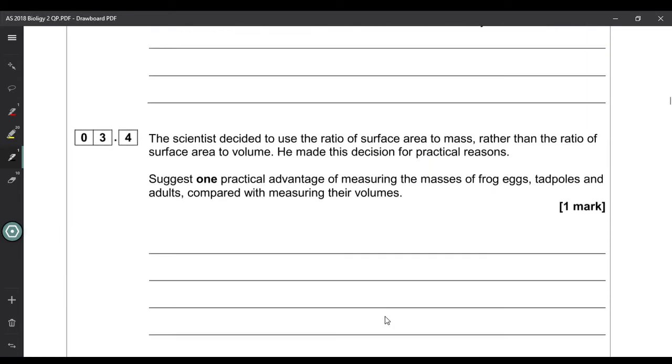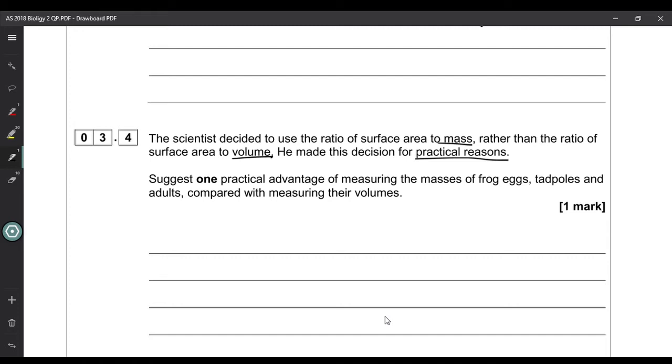So the next part of the question says the scientist decided to use the ratio of surface area to mass rather than the ratio of surface area to volume. He made this decision for practical reasons. Suggest one practical advantage of measuring the masses of frog eggs, tadpoles and adults compared with measuring their volumes.